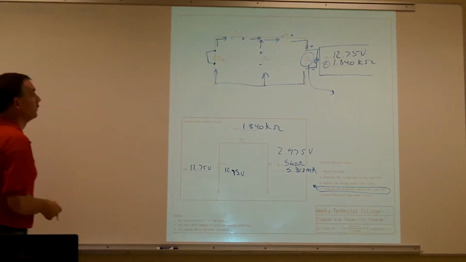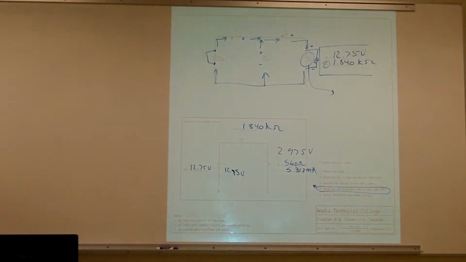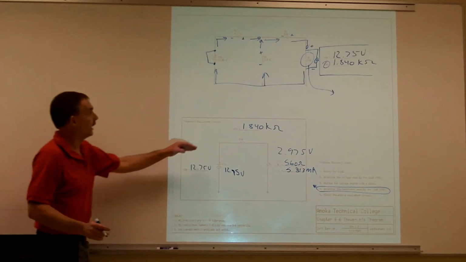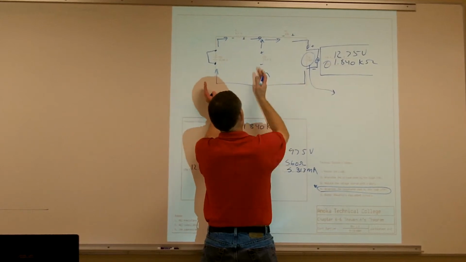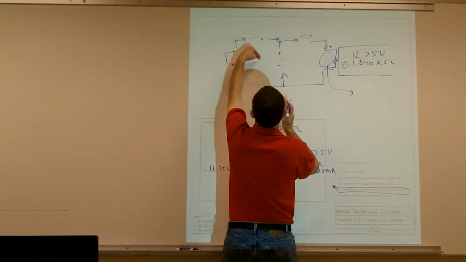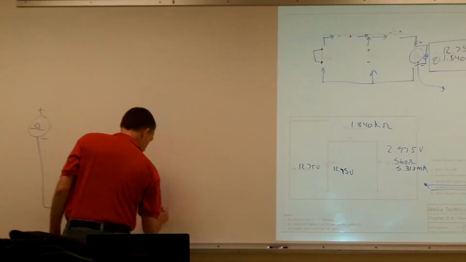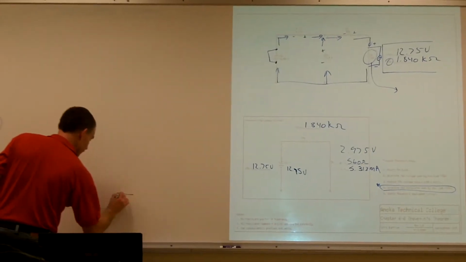Okay? So now if we redraw that up, I'm going to draw my source as my ohm meter. Got my positive and negative. So I'm going to come down, I tied all my grounds together, and I'm going to split. Some of my current's going to go through R2, and some of it's going to go through R1. So I'm going to force myself to go up, force myself to split.